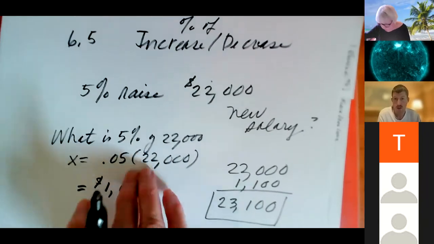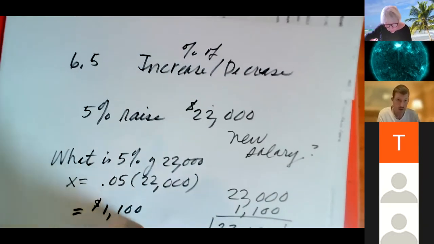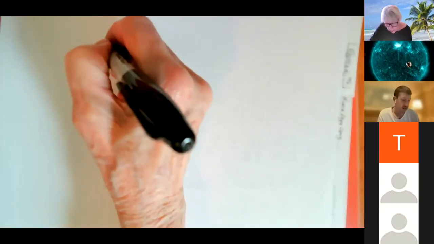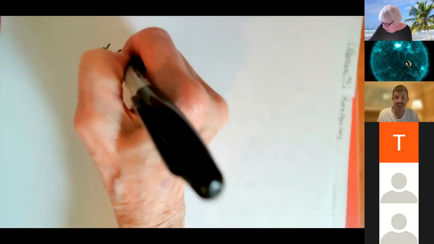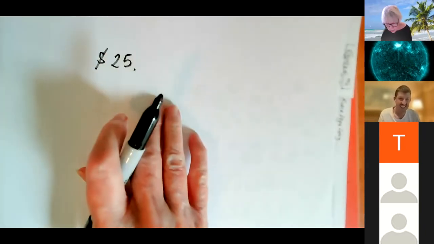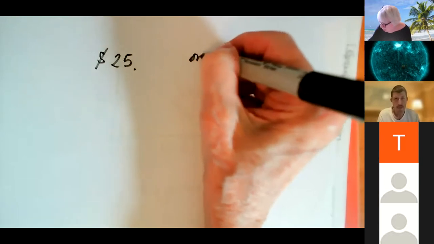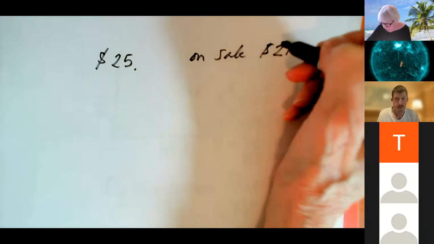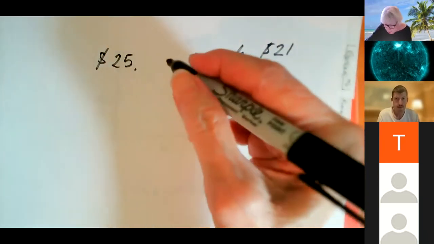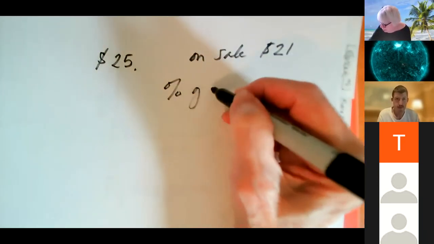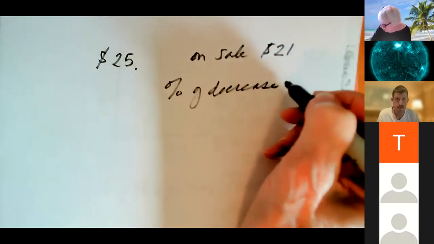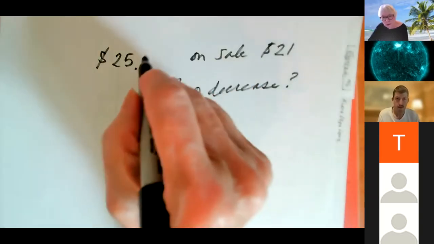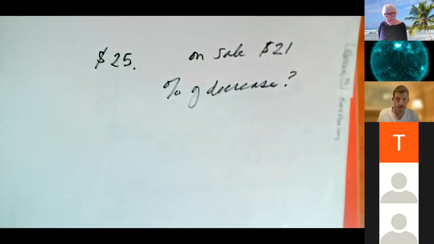Okay, here's another one. There are a pair of shoes, boy, these numbers are small, originally that were $25, and now they're on sale. Guess it doesn't matter, they're keeping the number small, for 21. What is the percent of decrease? In other words, how much did they take off the original price to get to this price?